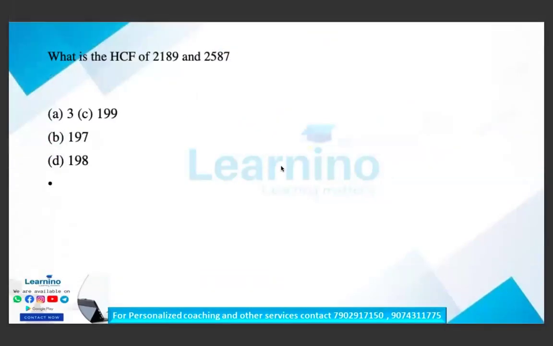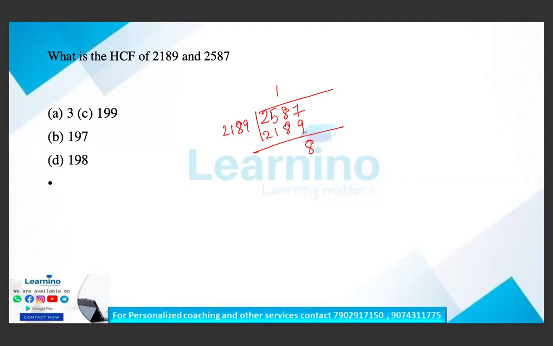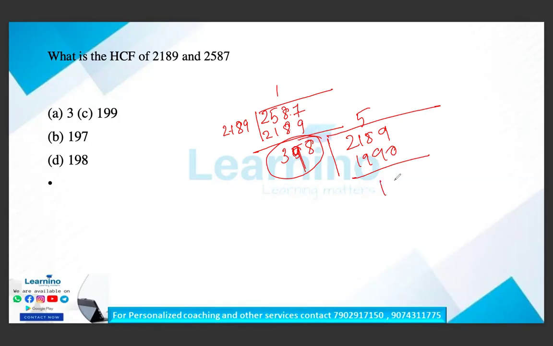This is the explanation of this question. What is the HCF of 2587 and 2189? Divide 2587 by 2189, and the remainder we will get is 398. Divide 2189 by this remainder, and we will get the remainder 199.